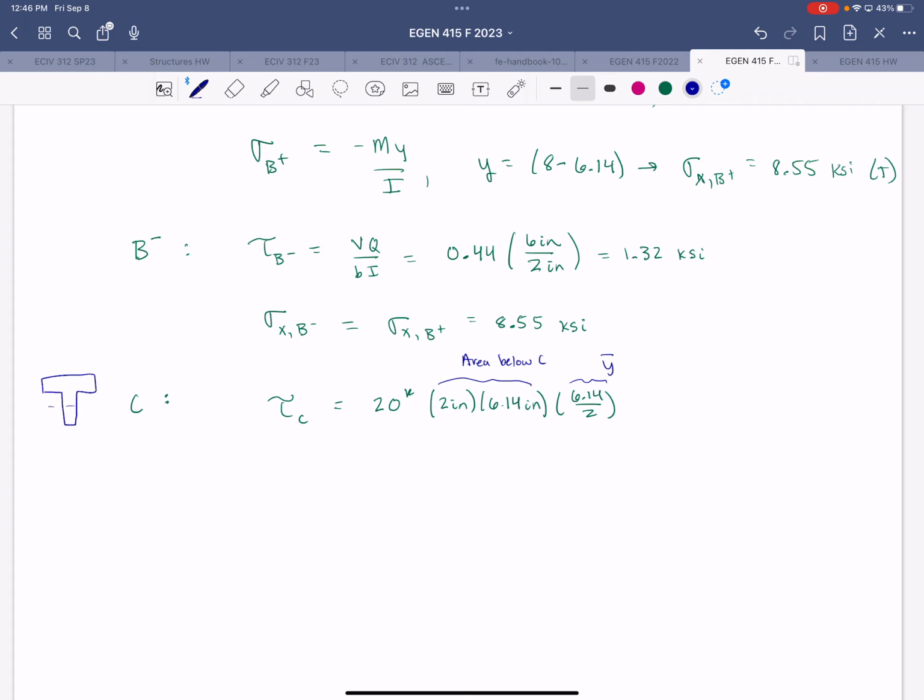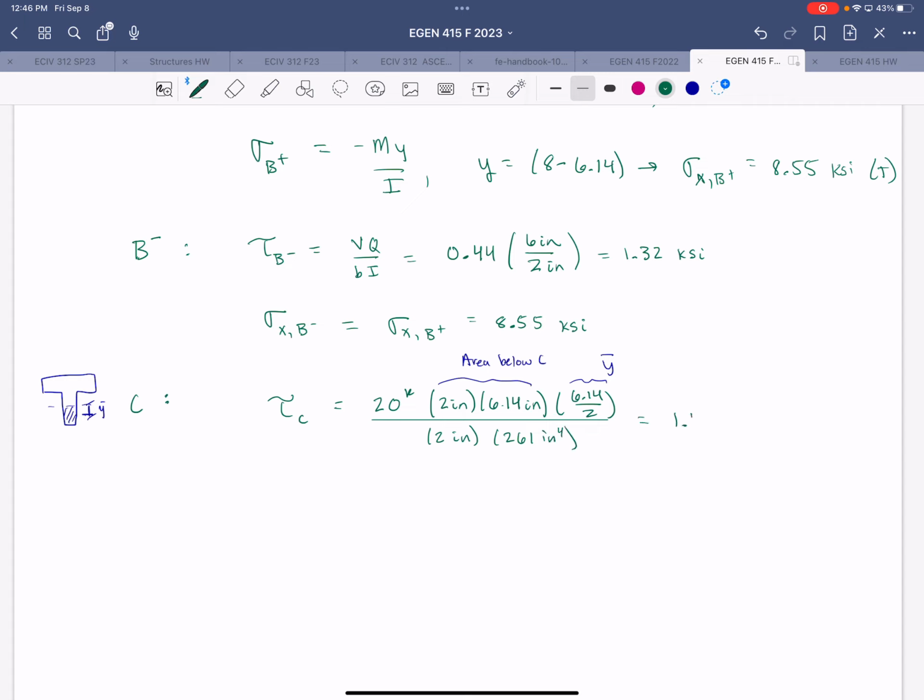All right, so in a sketch, we're using that area and that distance. Then in the denominator, we have the web width of 2 inches and the moment of inertia.